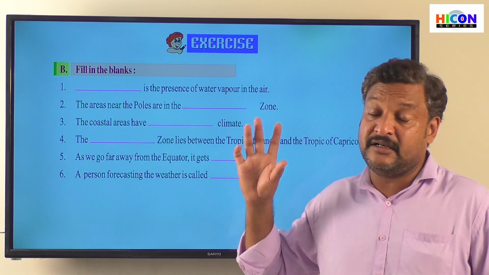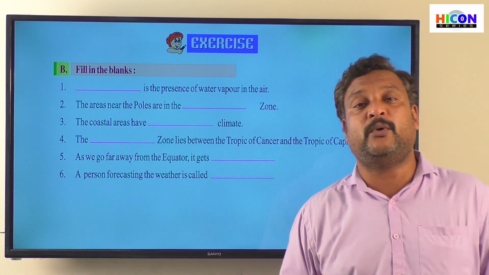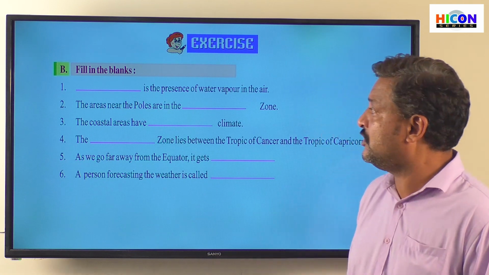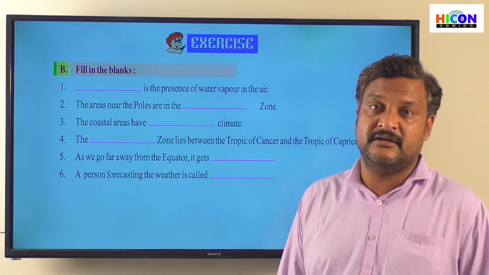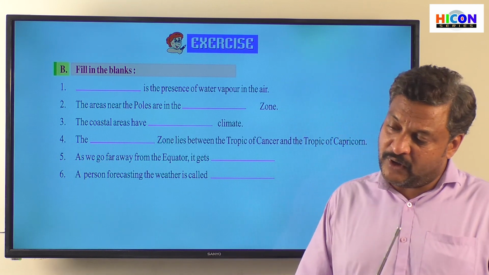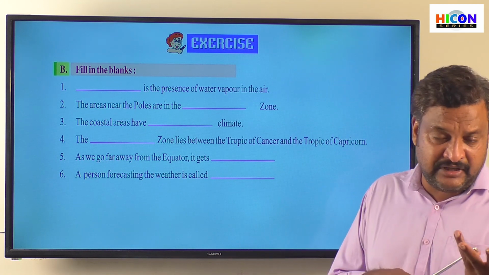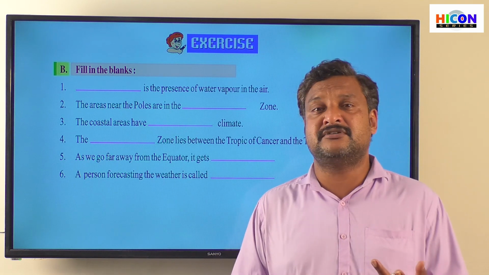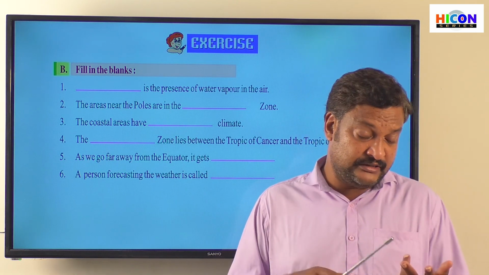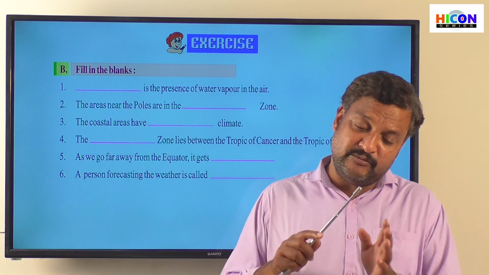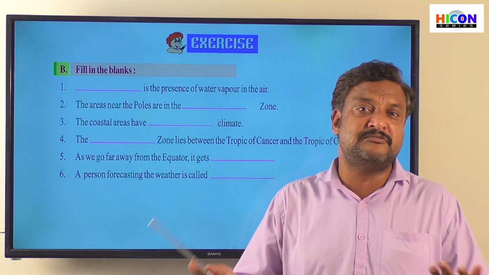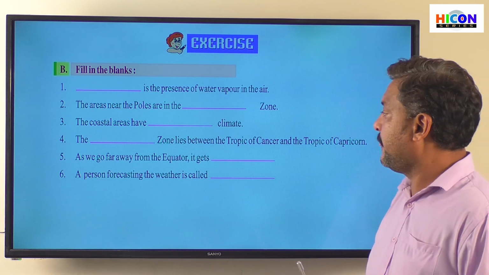Yeah, the sun rays hit directly on the equator, and that region is the hottest region. That region is also known as the torrid region, isn't it? So as we move away from the equator, after torrid we have temperate zones, and after that frigid zones, isn't it? So torrid, temperate, frigid. So as we move away from the equator, either in the north or in the south, it becomes cooler.